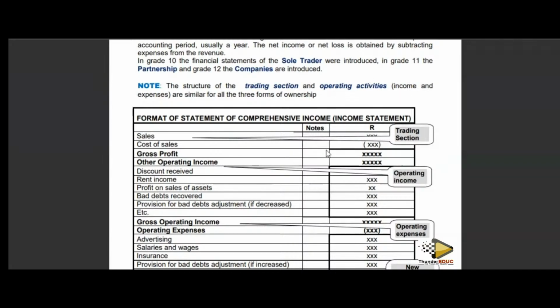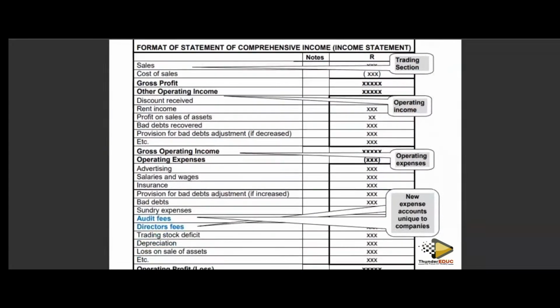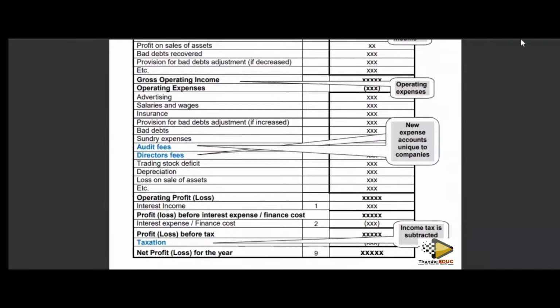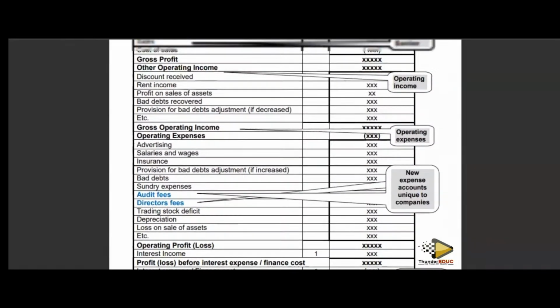Now, we have the trading section in our income statement, and we have another section here, operating expenses, and another section here. So you need to know what happens in the income statement, in which section.